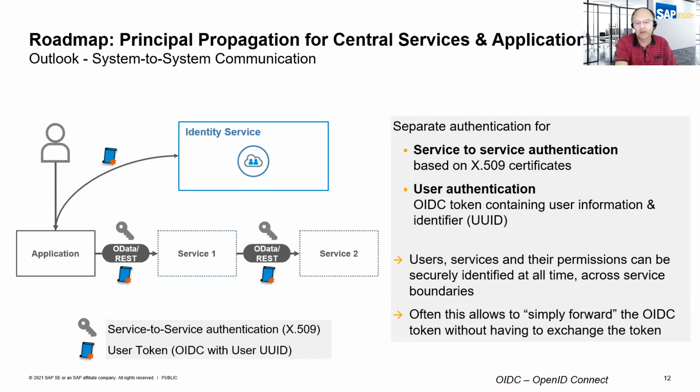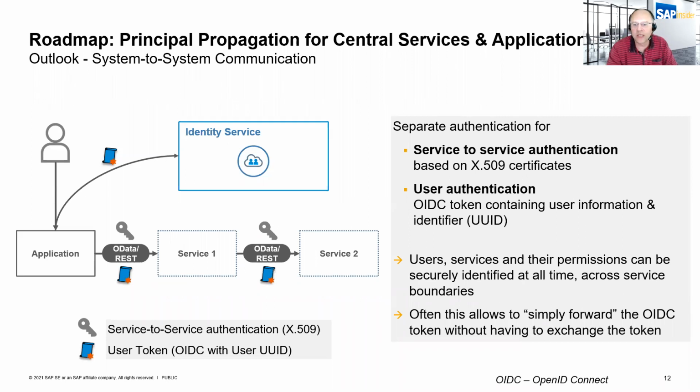This here is quite a simple setup, but if we imagine that larger customers have, let's say, a dozen or 20, 30 cloud applications, and each of these applications has 2, 3, 4 subsequent services it has to communicate with, then these trust configurations really explode over time if we establish point-to-point trust configurations. And such trusts, of course, have to be secure, but secure also means that the secrets have to be frequently updated, kept up to date with security requirements, and that these trusts need to be renewed.